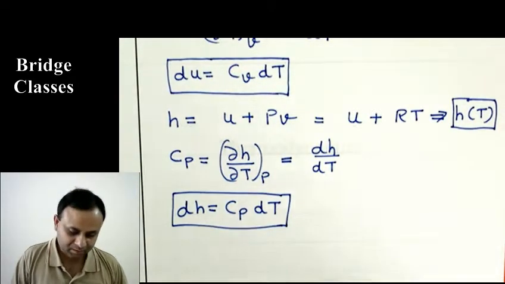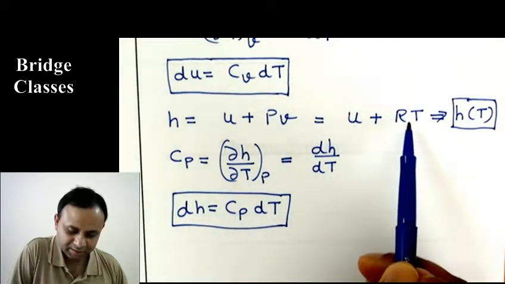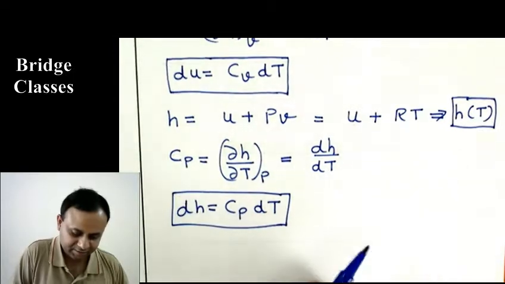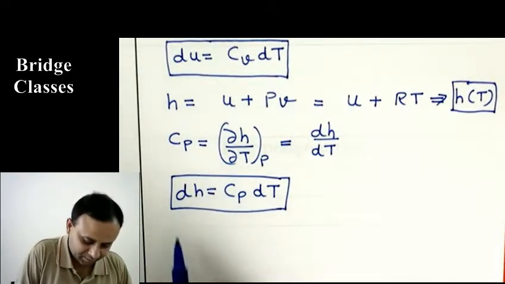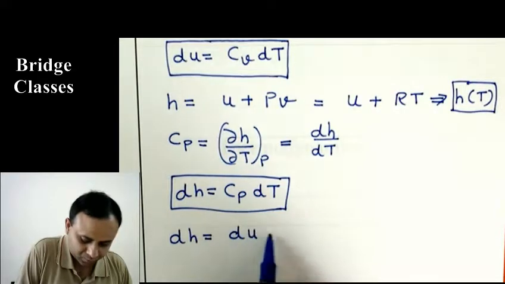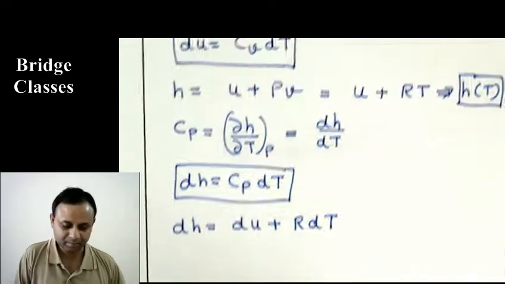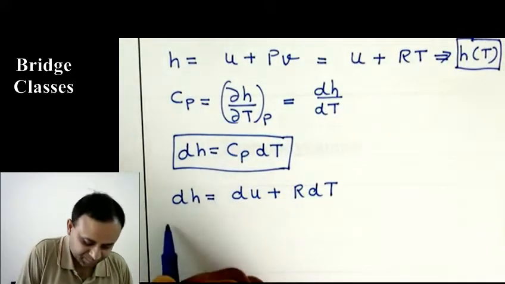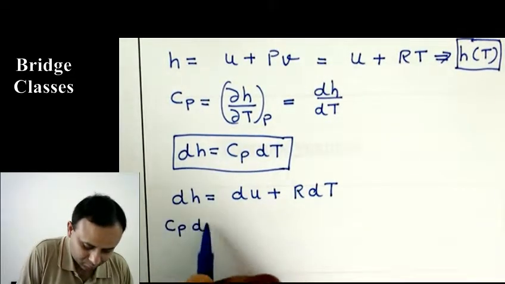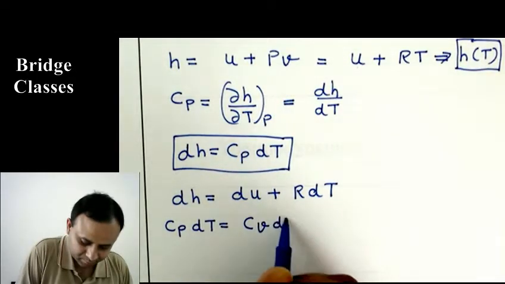Now we can use this relation further. H is U plus RT. If we differentiate this, you can write dH is dU plus R dT. And dH is Cp dT, dU is Cv dT.